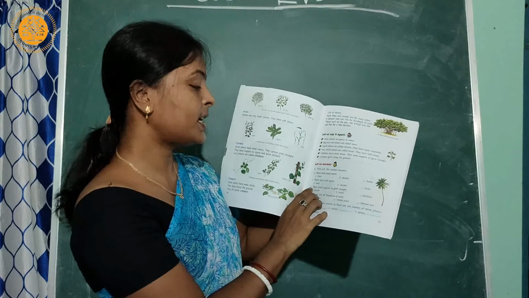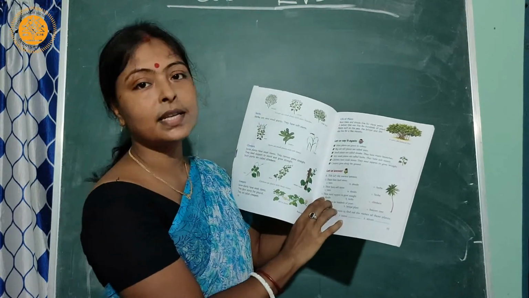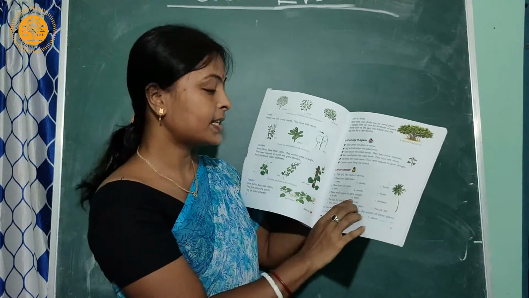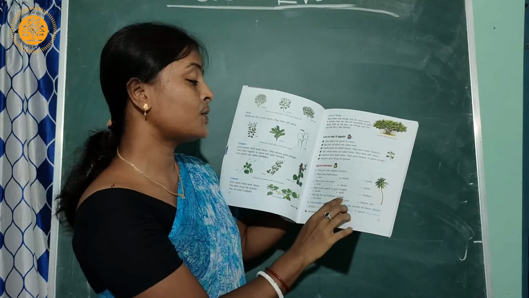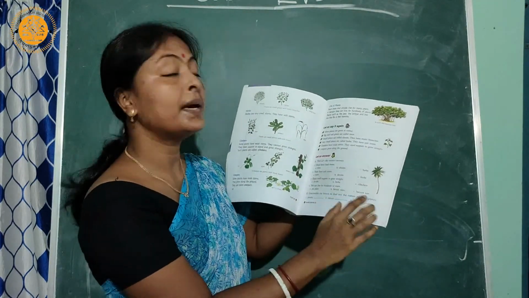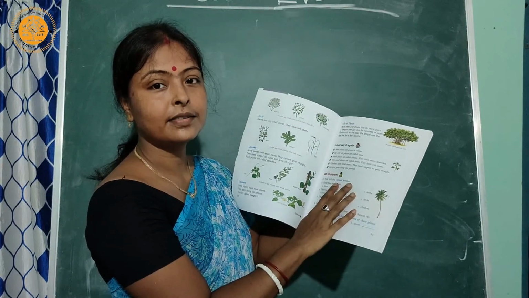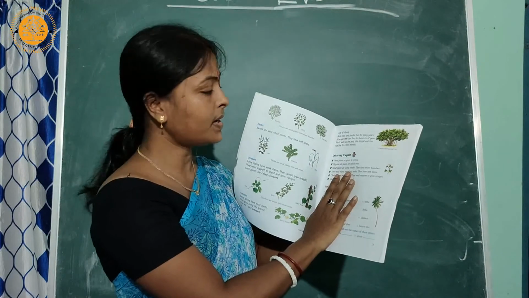Number 3. These need support to grow straight. Which plant needs support to grow straight? Climbers. Number 4. These can live for hundreds of years. Which tree can live for hundreds of years? Banyan tree. Clear? Okay. Up to this much we revised today.